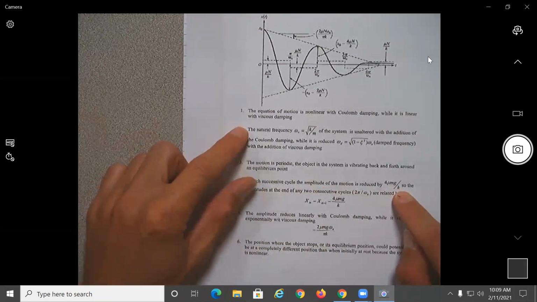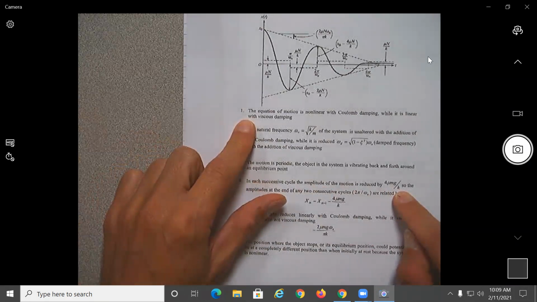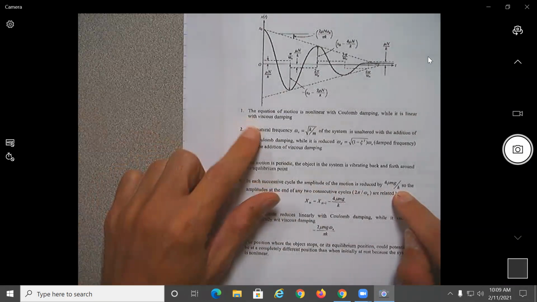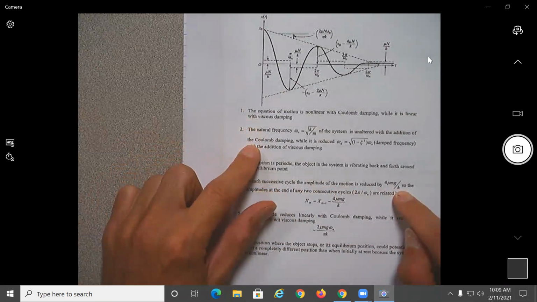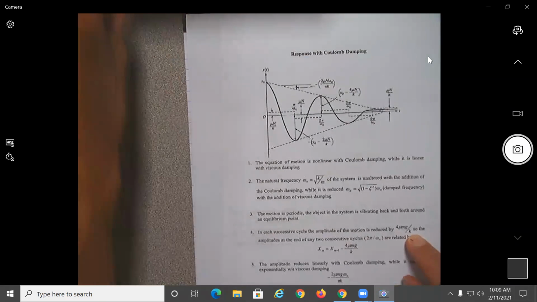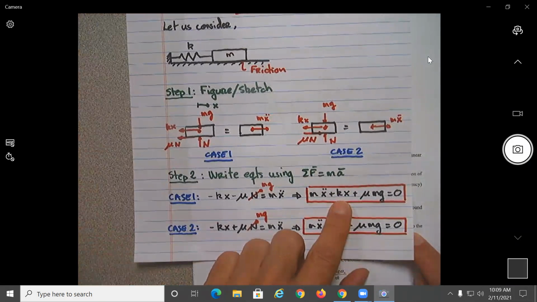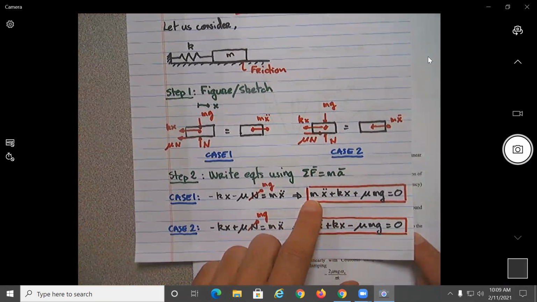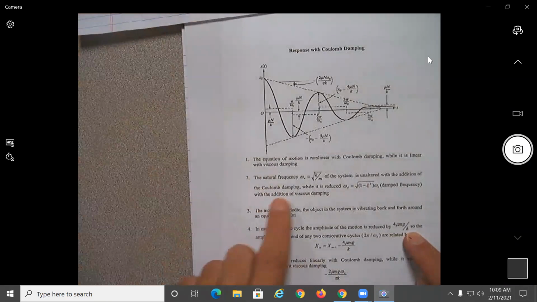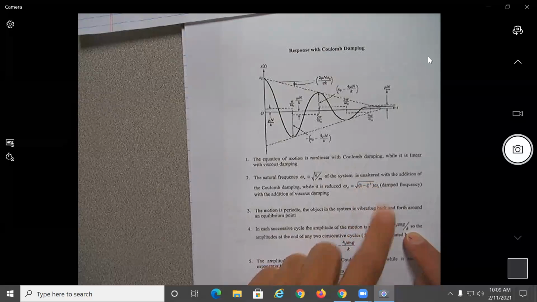All right, and if you read this, the equation of motion is nonlinear with Coulomb damping, while it's linear with viscous damping that we did before. Okay, however, if we divide everything by m, we can find the natural frequency will still be unaffected because the natural frequency is only a function of the stiffness of the spring and the mass, no? Okay? So you see the natural frequency is unchanged.